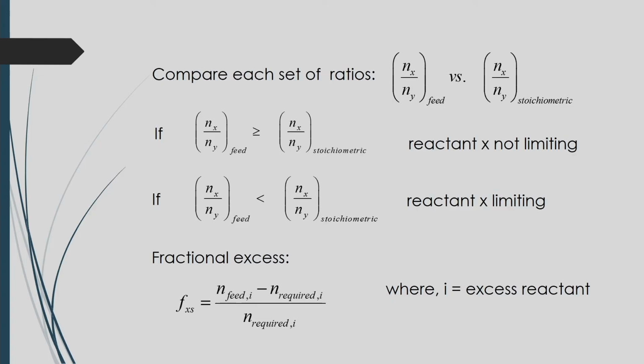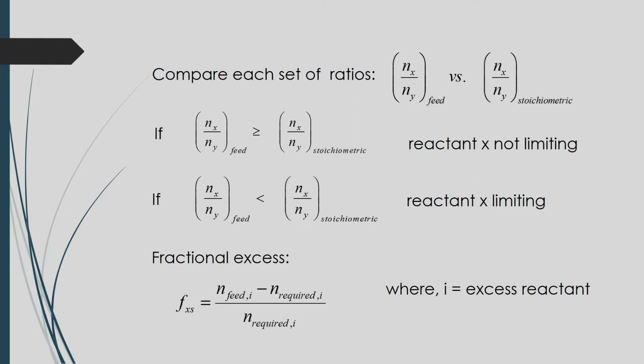Now, with the limiting reactant, how to actually find out which one will be the limiting reactant? In that case, you compare each set of ratios, like here Nx by Ny in the feed versus Nx by Ny in the stoichiometric ratio.